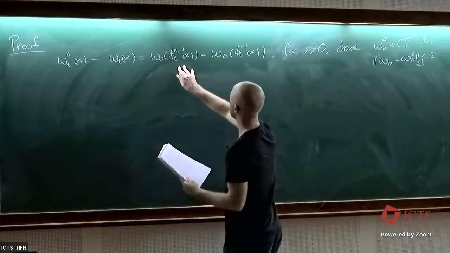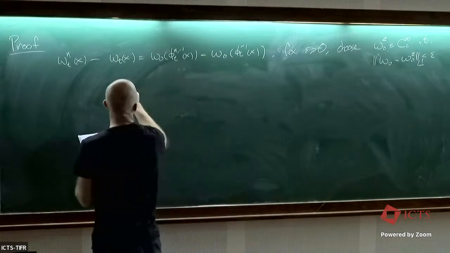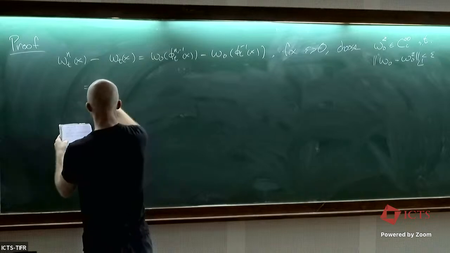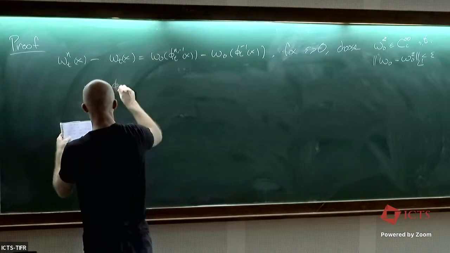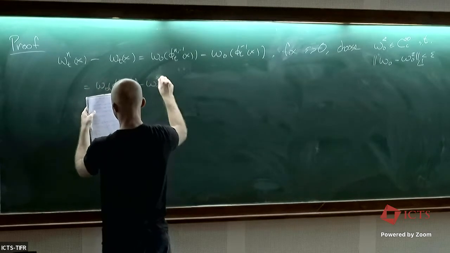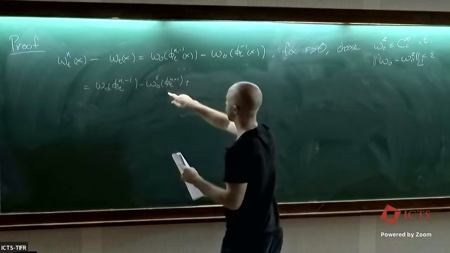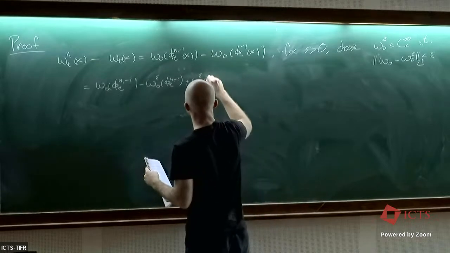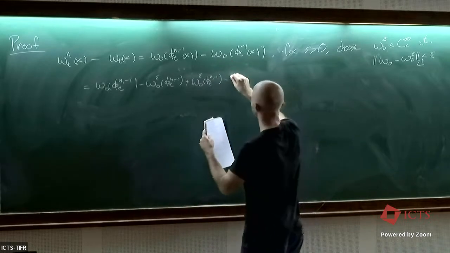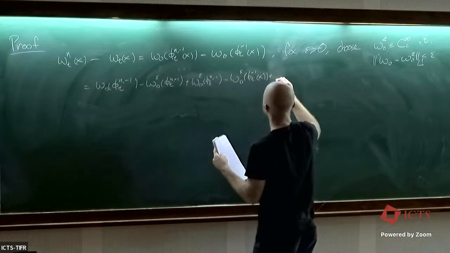So now, let us just add and subtract lots of terms. We write this now as, now it's better to have the notes. Omega naught, Tn inverse, this is the one we started with, and let's subtract this term, so we also need to add it. Okay, and let us now subtract another term, so we also need to add it.